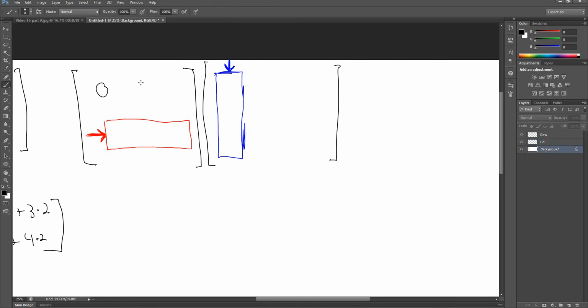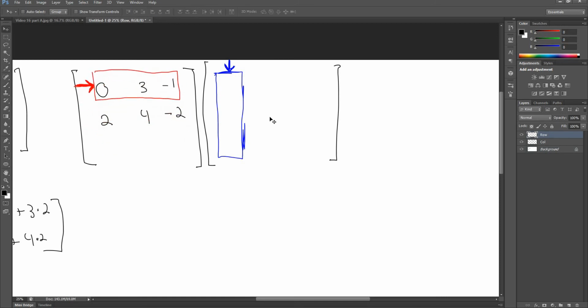So I would have a 0, a 3, a -1, a 2, a 4, and a -2 to move my row back up. And then in my columns, or my B, I'll have a 4, -1, 0, 3, 2, -1, and 0, 1, 0.